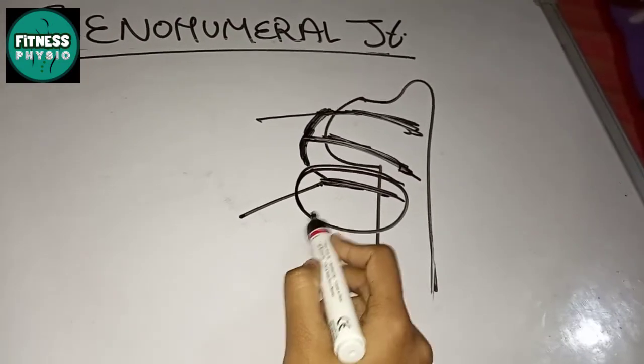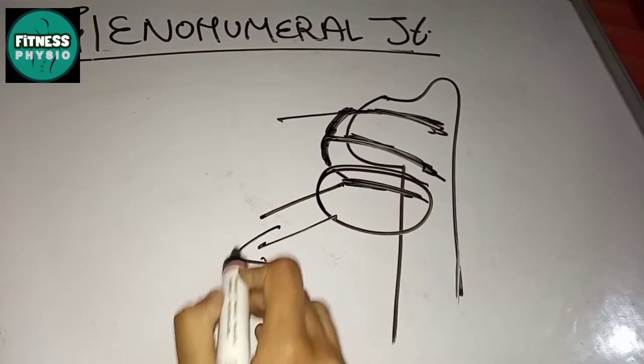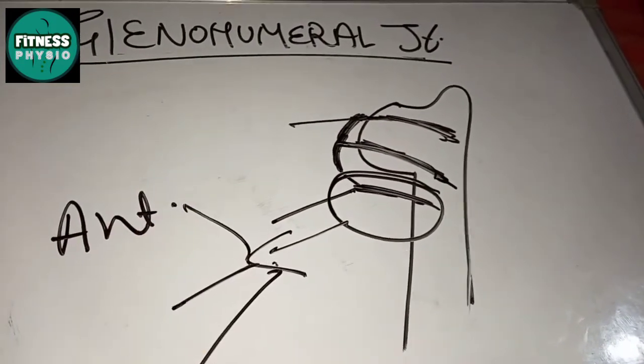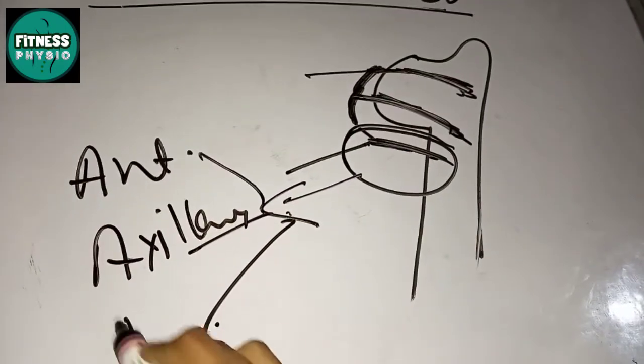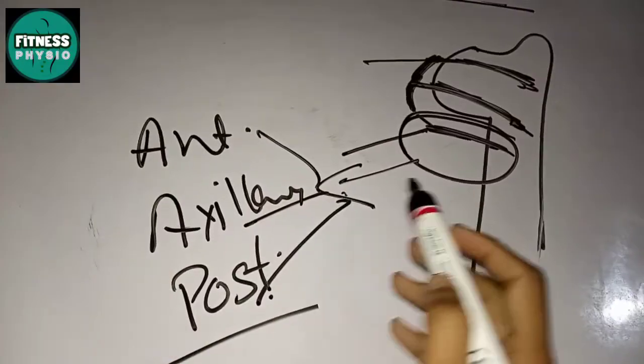Why? Because this ligament is further divided into three: anterior, axillary, and posterior parts.